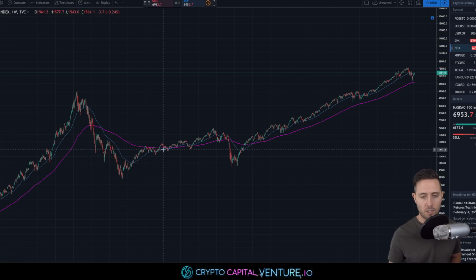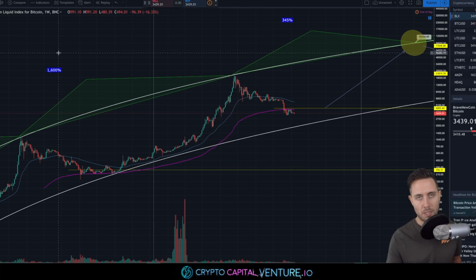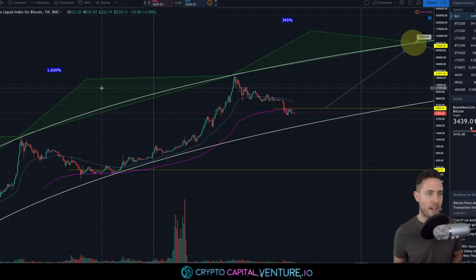Zoomed out on the charts, you can see the flow of NASDAQ over the years. I really just want to highlight the foundational thing that lies behind these charts, and that is you, that is me, that is human beings. Human beings, whether NASDAQ, Bitcoin, Facebook, they are what lies behind the charts that you see.